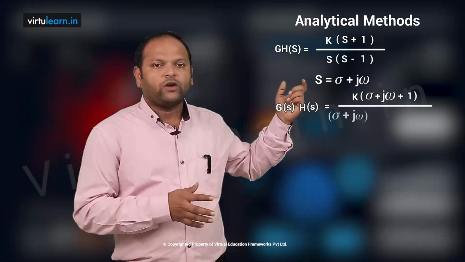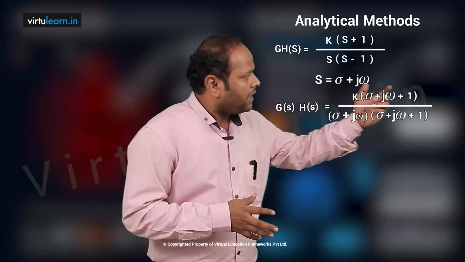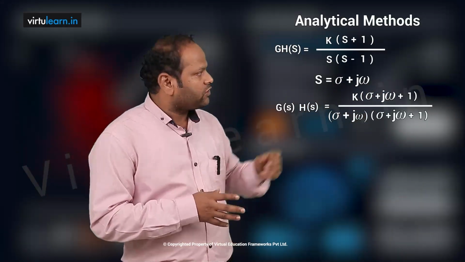In the denominator we have sigma plus j omega in place of s, and also s minus 1, therefore sigma plus j omega minus 1. So this is the GH of s where we substitute s is equal to sigma plus j omega.